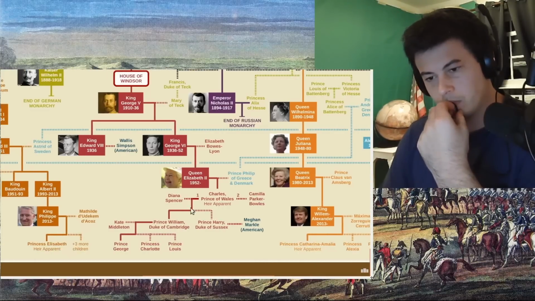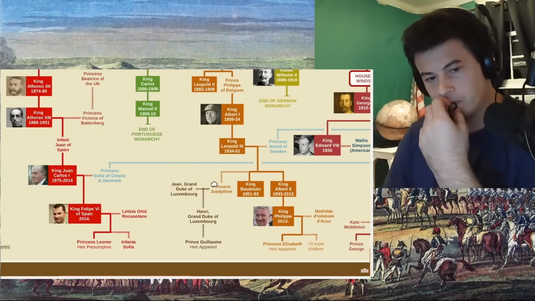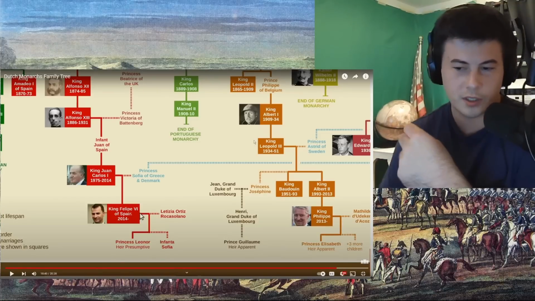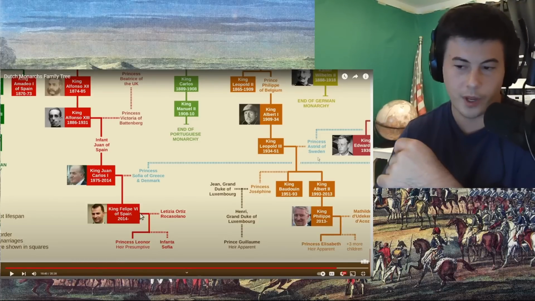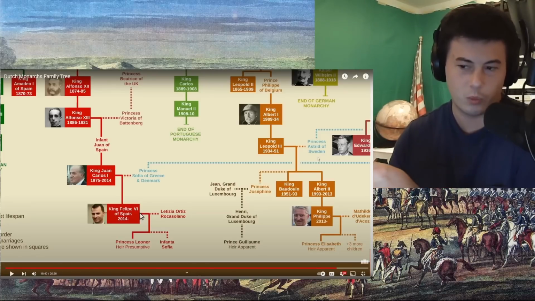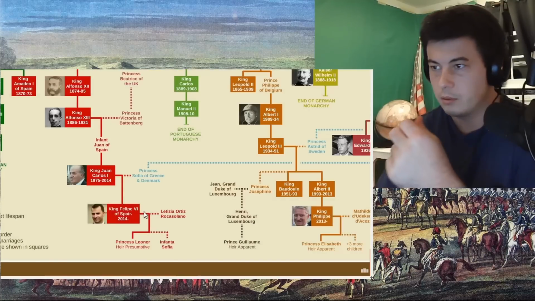You can see the same thing happening here with Philip versus Philippe. So that means once Willem of the Netherlands is no longer king, he will then be known for historic purposes as William in English countries.